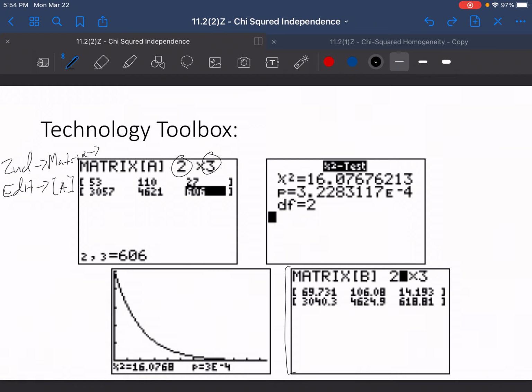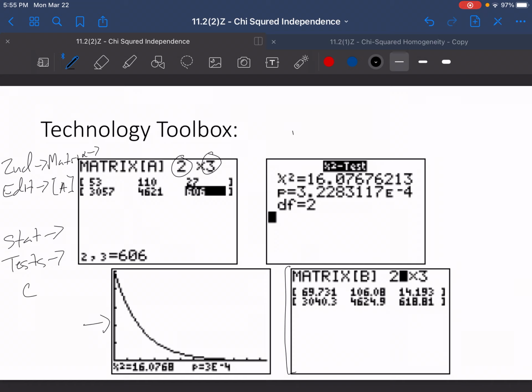Okay, and so once you've done that, then you can go to stat, arrow over to tests, and then go down and find C, or wherever that chi-squared test is. Make sure that matrix A is entered in for the observed, matrix B is entered in for the expected, and from there hit calculate or draw if you're wanting to draw your graph.